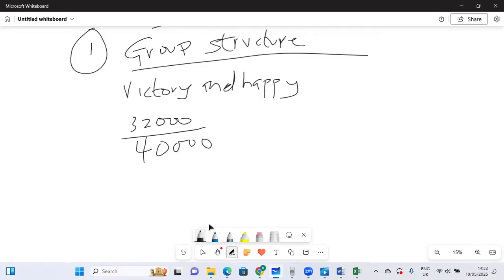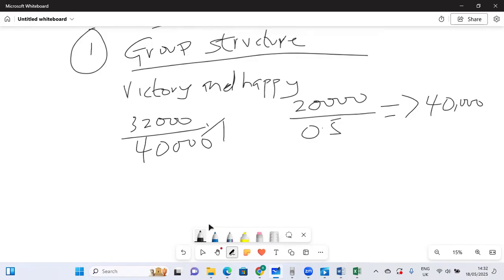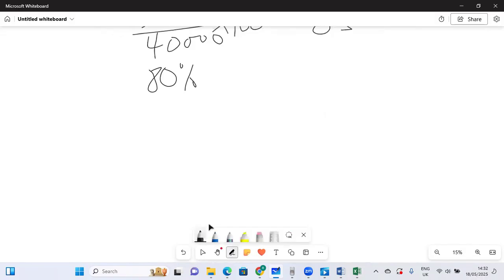I said that because the share was issued at 50 pesos. So the 20,000 we have divided by the 50 pesos is going to give us a total of 40,000. Now with this times 100, we are going to get 80% control, and then NCI is going to be 20%, right?